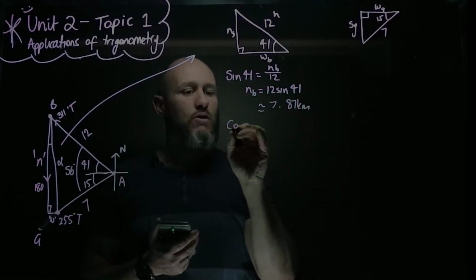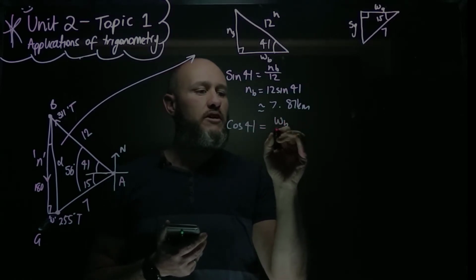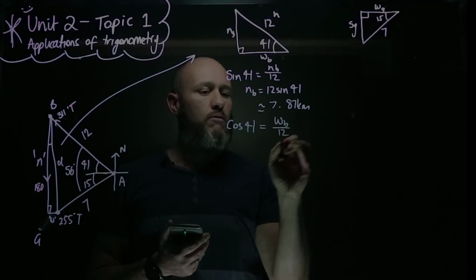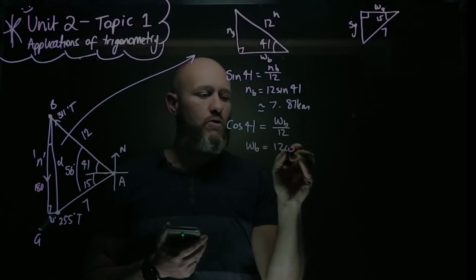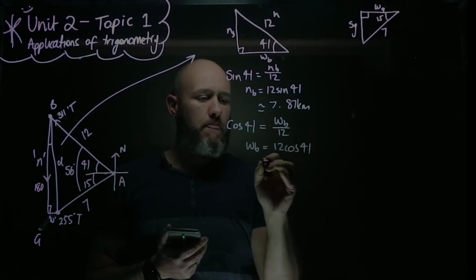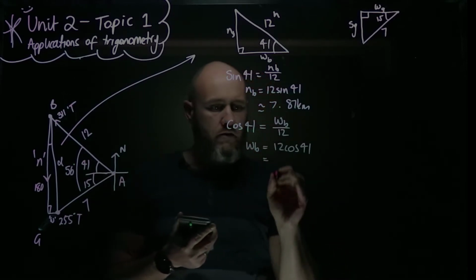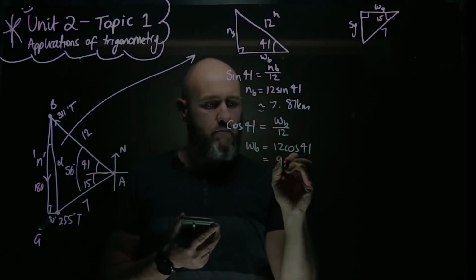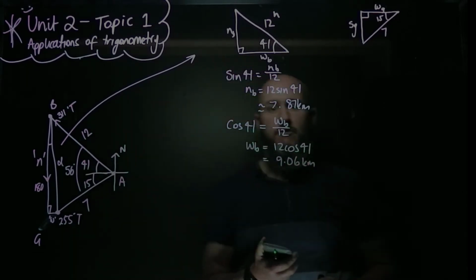And we get cos of 41 is equal to the westerly direction of Ben over 12. So therefore, west Ben equals 12 cos 41. And that's equal to 9.06 approximately kilometres. So there's our Ben information.